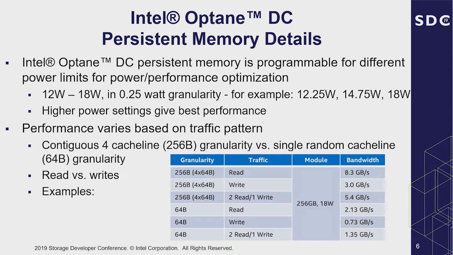As long as it's reading and writing, it's going to be at that level. Built into the product itself, if it starts to hit a certain heat threshold, it'll start throttling itself back to prevent damage. There is a heat sink on the DIMM. But you can program it to use a certain power level. Yes, you can.